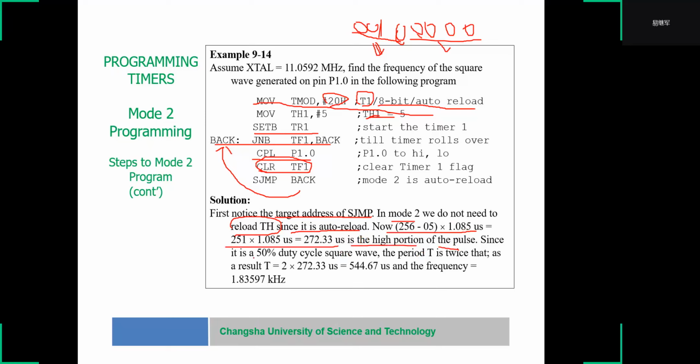Since it is a 50% duty cycle square wave, the period T is twice that. So this is the square wave period, and the frequency is here.